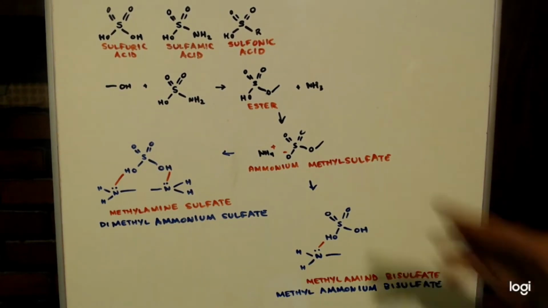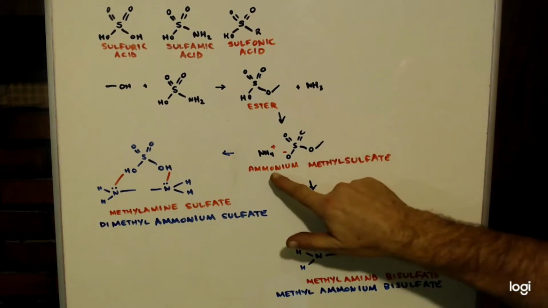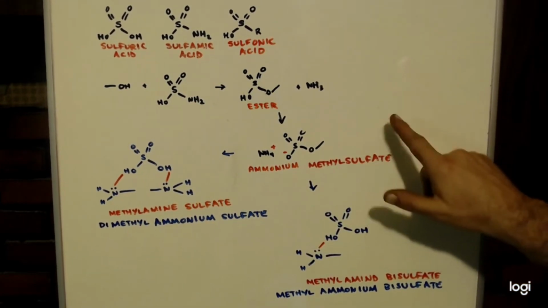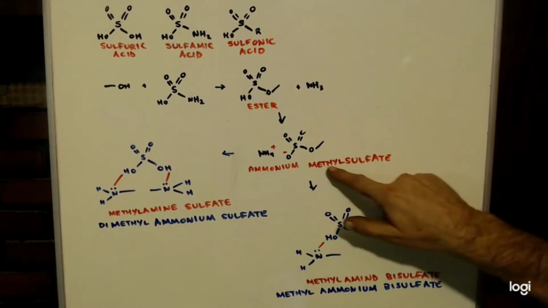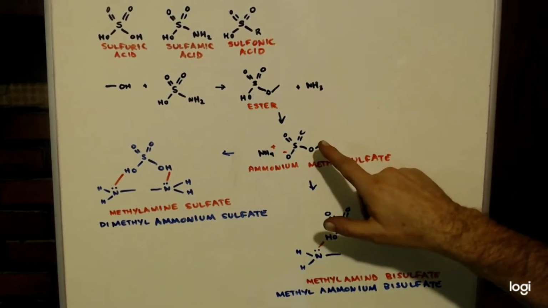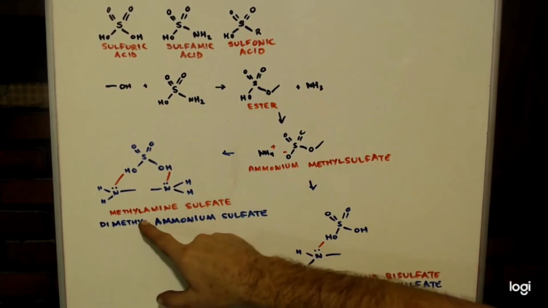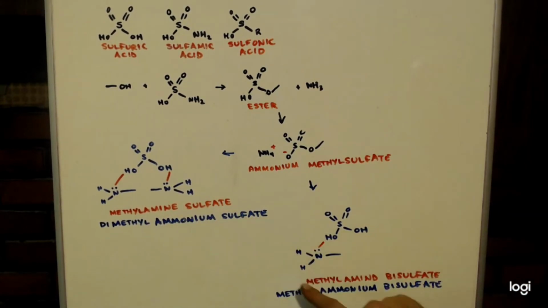Okay, but he's saying that you can go from this ammonium methyl sulfate, this salt between ammonium and methyl sulfate, and heat it up even higher, and you will make this methylamine, well, one of these, methylamine sulfate or methylamine bisulfate.